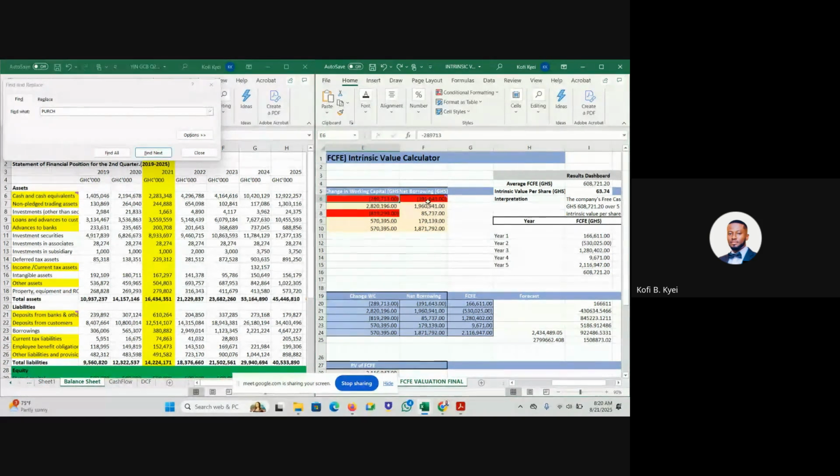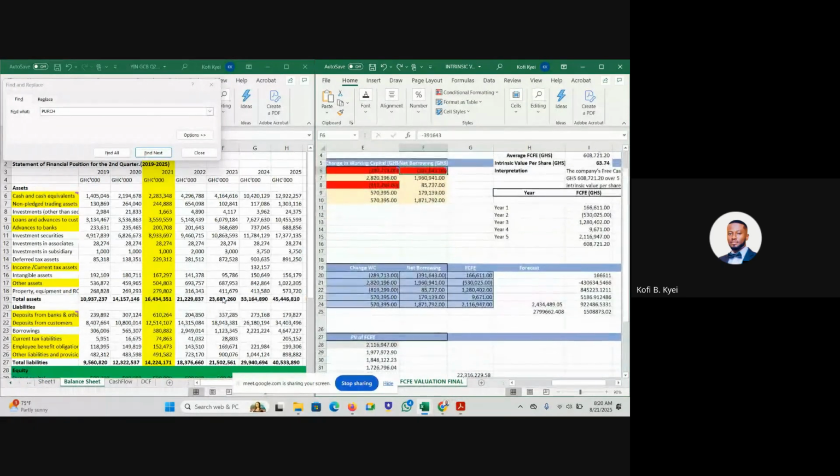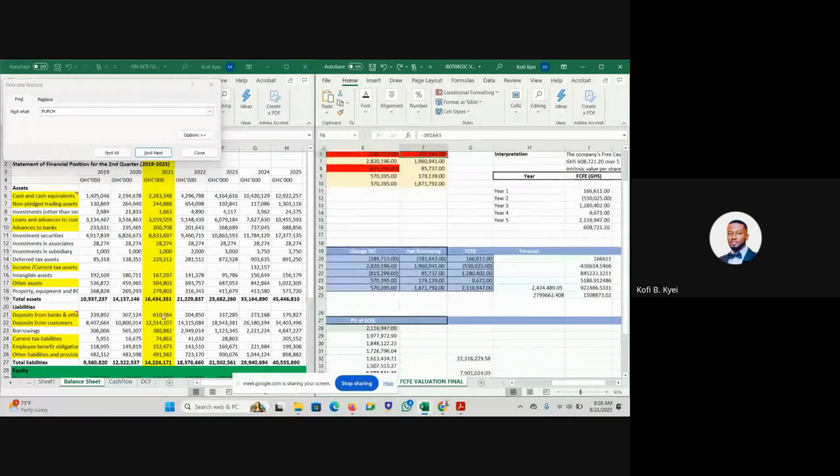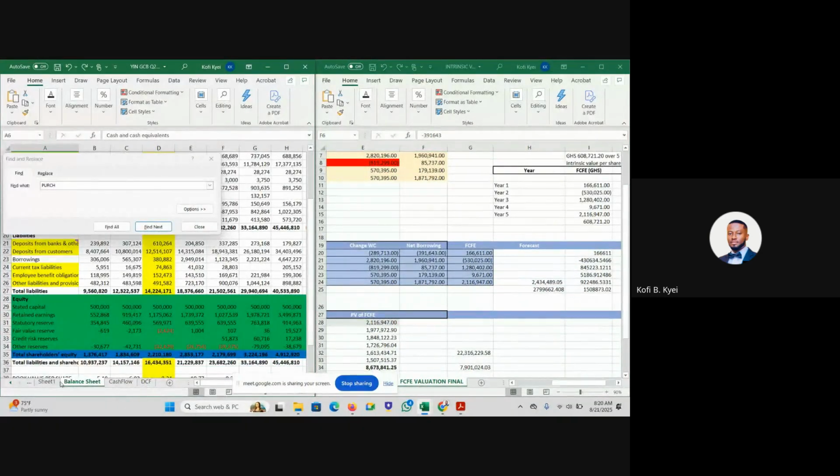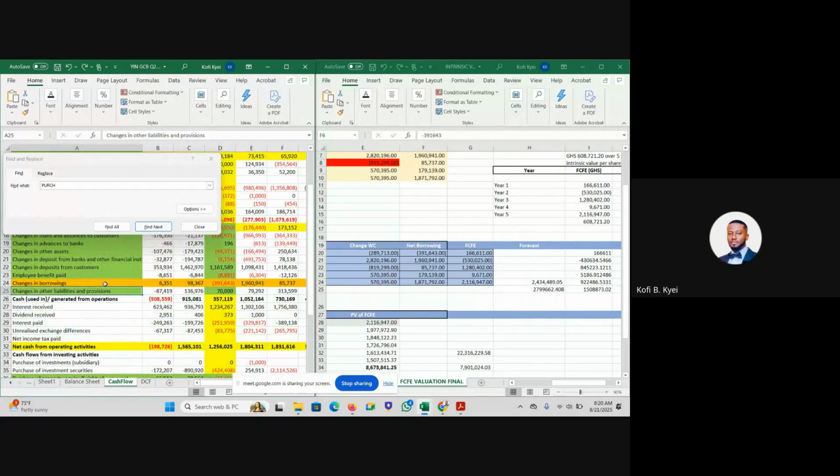All right. So we'll move to the next item, which is the net borrowing. The net borrowing is the new debt minus repayment, and that one is picked from the cash flow statement. For this particular one, let me pick the cash flow statement.